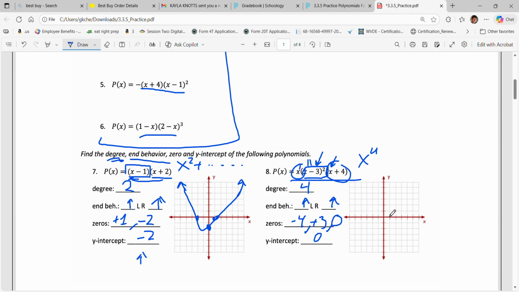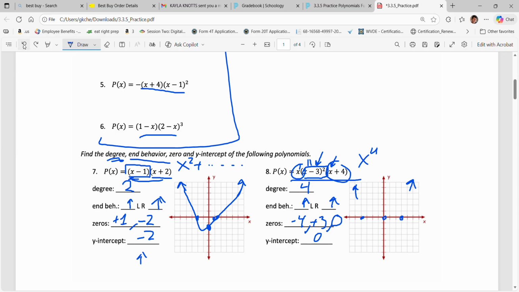But yeah, if we plot these 3 points, one at 0, one at 3, one at negative 4, we combine that with an end behavior that goes up in both directions, we should be able to draw a shape. And watch this. Kind of going along like drawing through a thread. Huh. There's a problem here. This doesn't connect up.